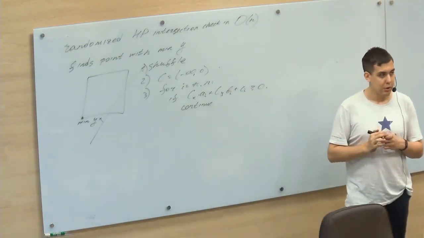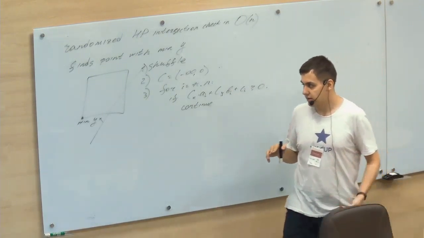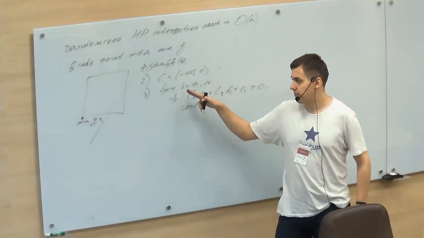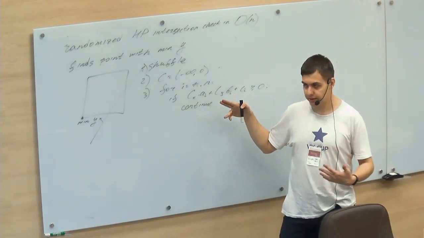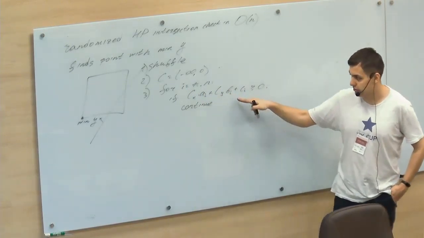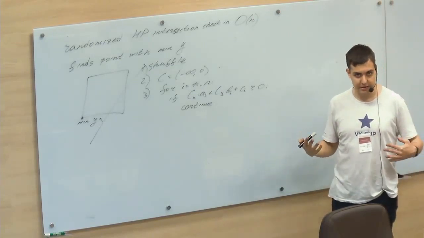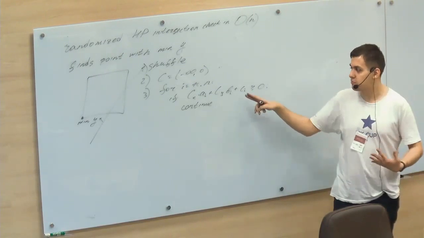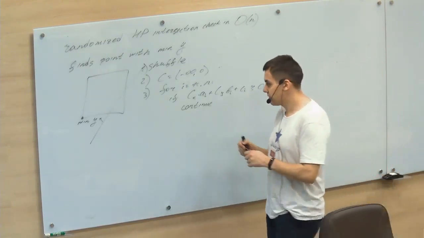Otherwise, we know that this minimum point for all the lines before this one does not lie in this half plane, so it must be somewhere on this line. So the new point must be somewhere on this line.